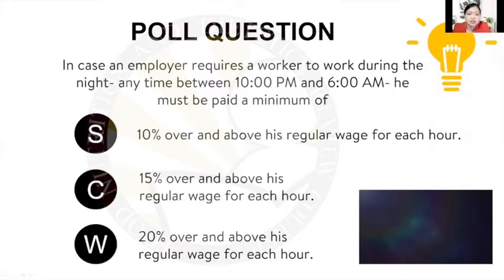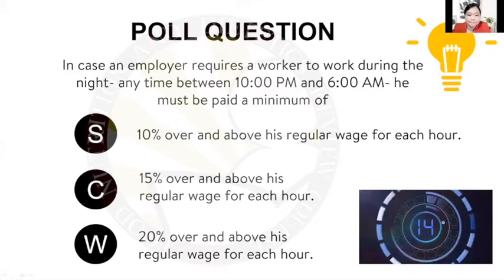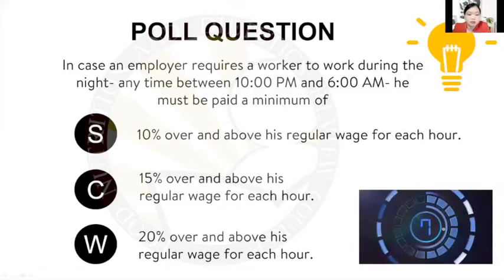Is it S, C, or W? Just type in your answer in the chat box.